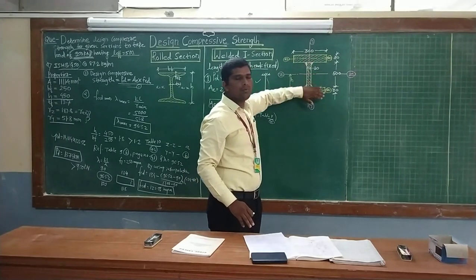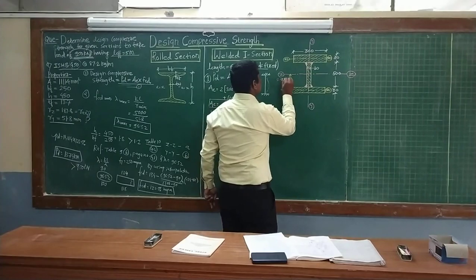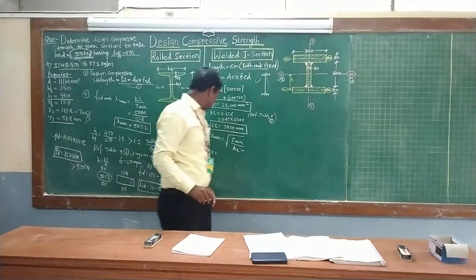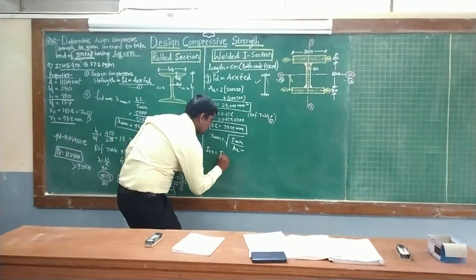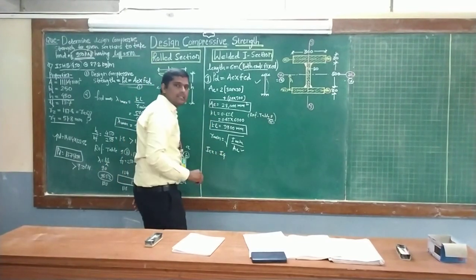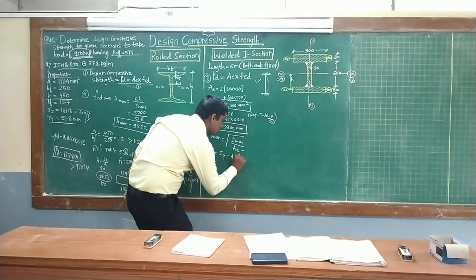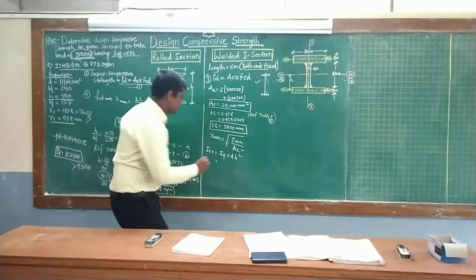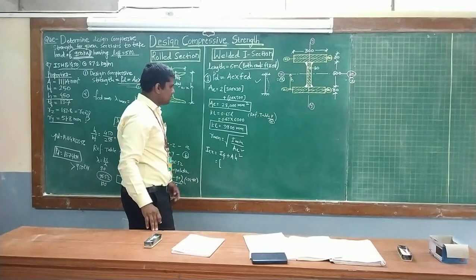The formula for the moment of inertia about the z axis is Ig plus A into h square, where Ig is BD cubed by 12.